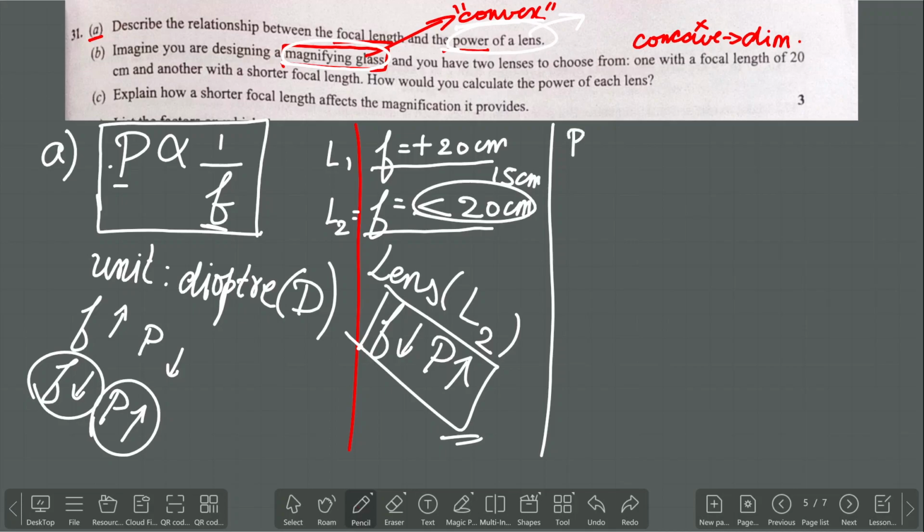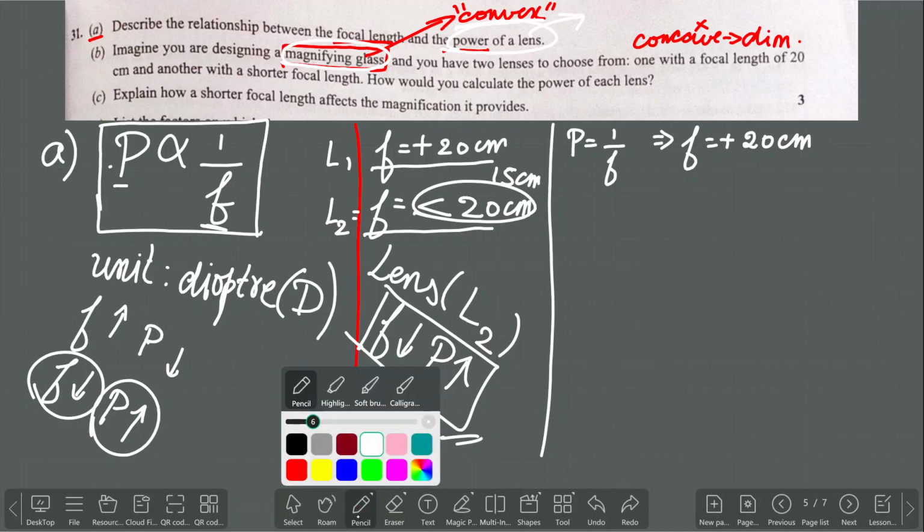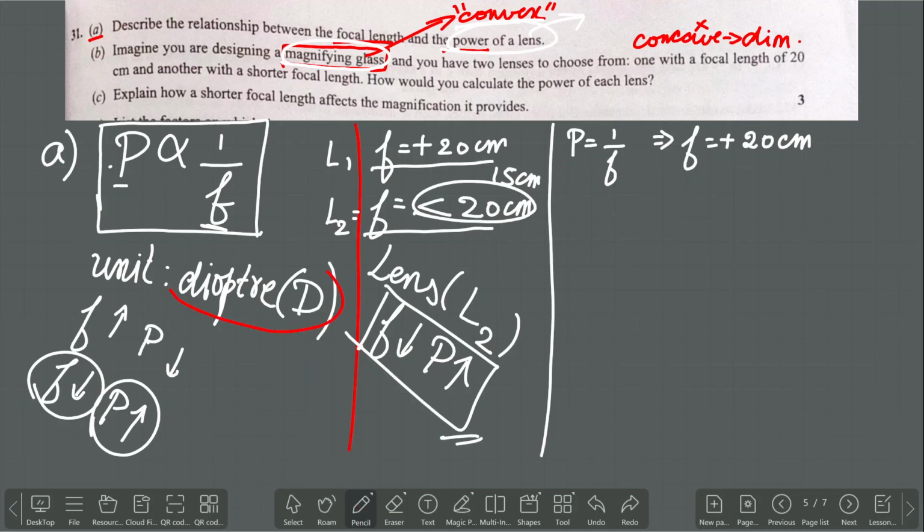So P is equal to 1 by F. So what is the value of F? It is given in the question. F is equal to 20 centimeter. As per the sign convention rule, it is going to be plus 20 centimeter. So whenever you are going to express the unit of power in diopter, always the focal length must only be in the form of meter, but here they gave in the form of centimeter.